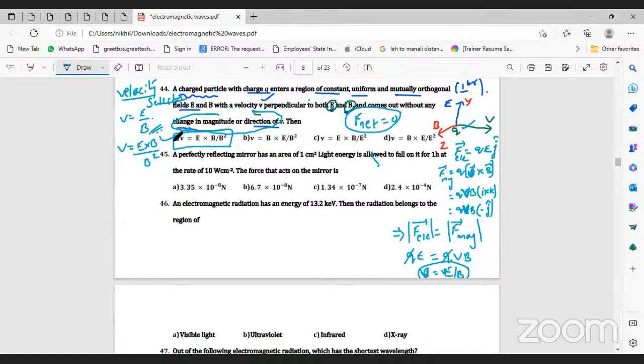They have given it in terms of B squared in the denominator. So instead of writing E by B, you can also write that as EB divided by B squared. So option A is going to be the right option.